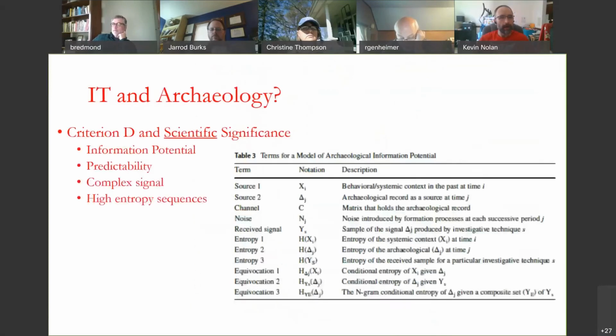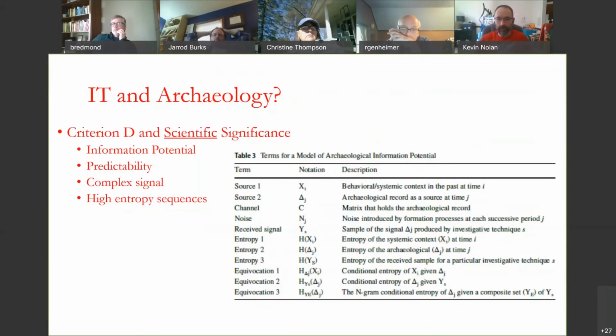Okay, so how does this apply to the archaeological record? I'm arguing that criteria D and information potential should be defined in terms of formal information, in terms of conditional entropy. That is, the entropy based on what you already know.